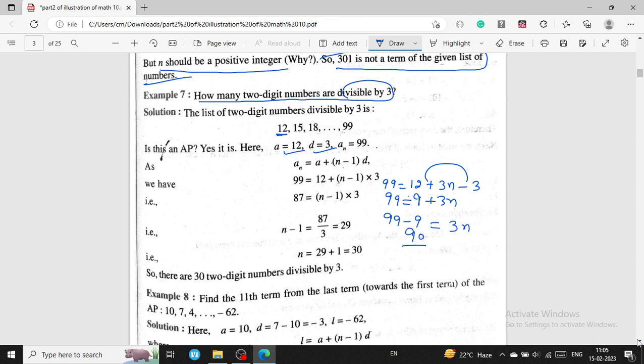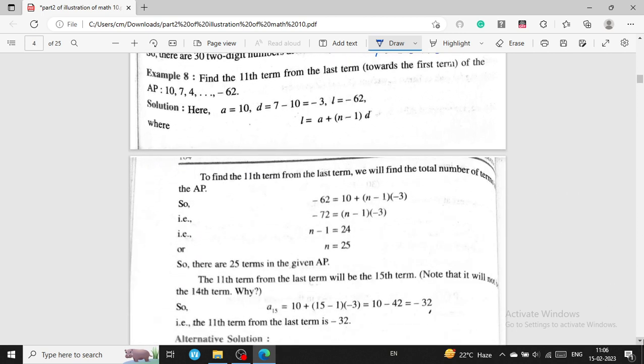Here 90 over 3, n. 3 thirties are 90. So we can say the answer is the 30th term. There are 30 two-digit numbers which are divisible by 3.